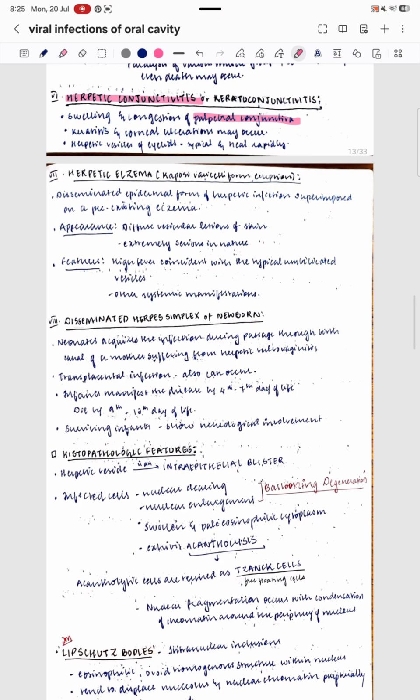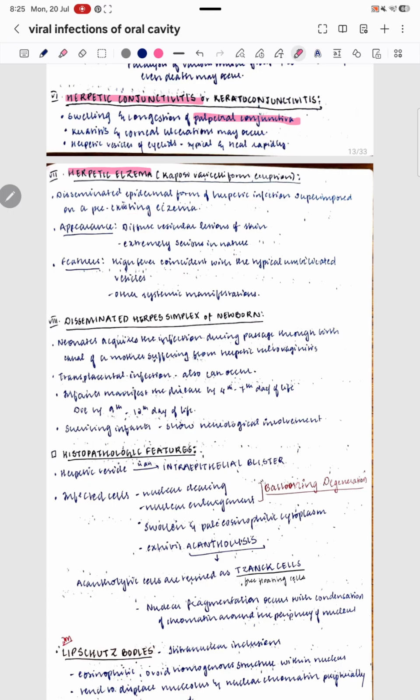Now coming to your herpetic eczema. What is herpetic eczema? We will see. So herpetic eczema is a disseminated epidermal form of herpetic infection superimposed on a preexisting eczema.